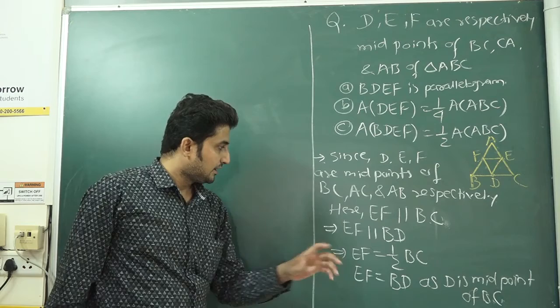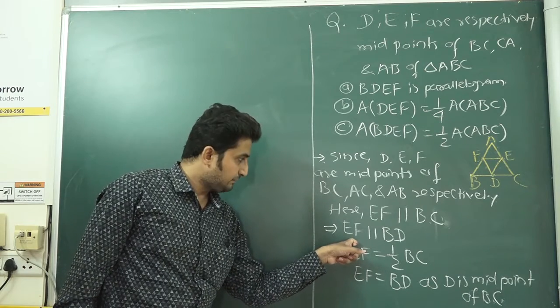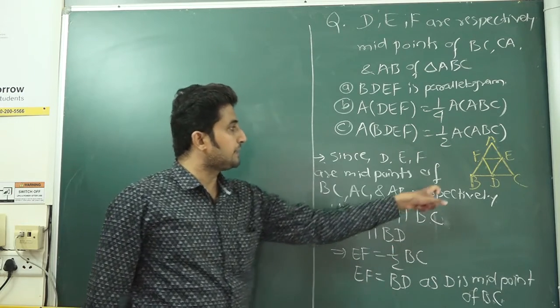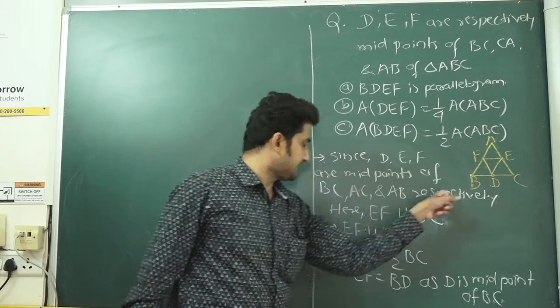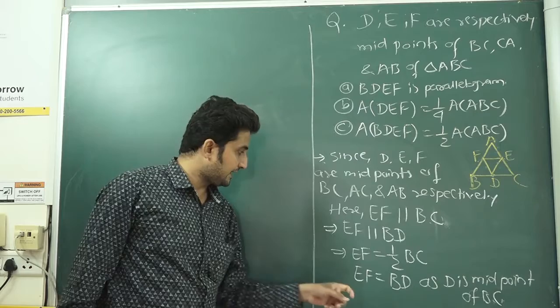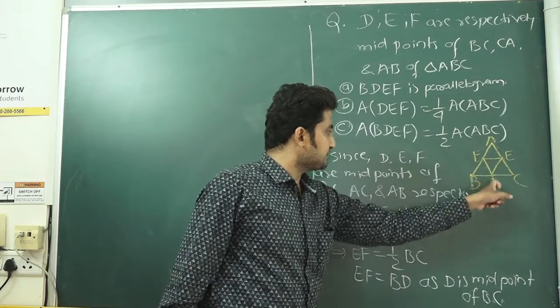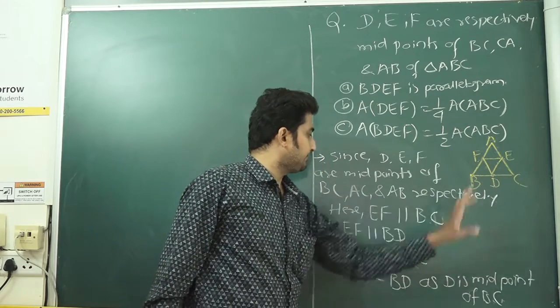Now dear students, please tell me, EF is parallel to BD. This EF is parallel to BD. First. Secondly, we say that EF is equal to BD.